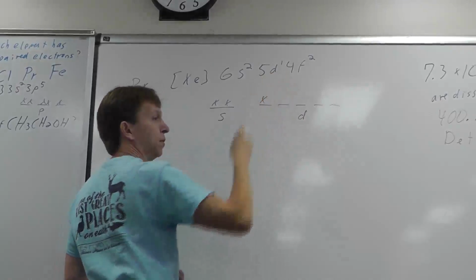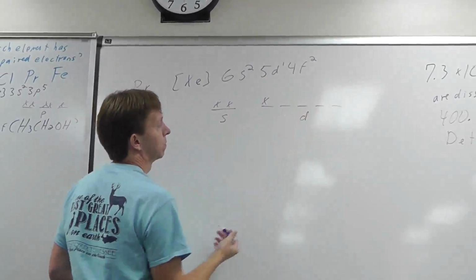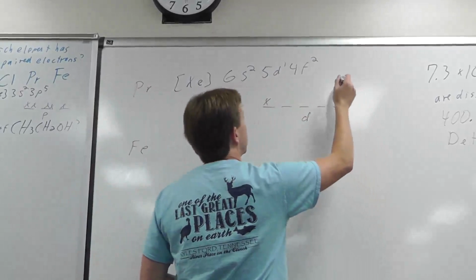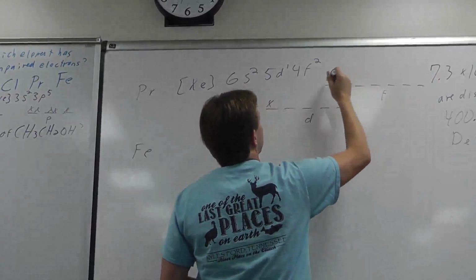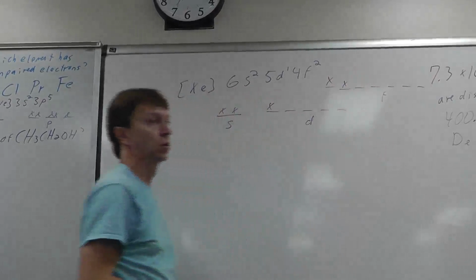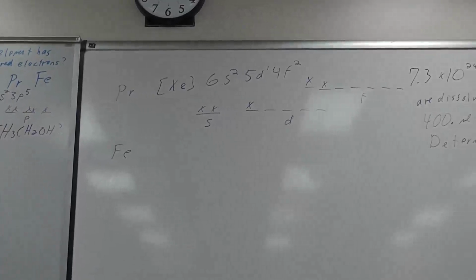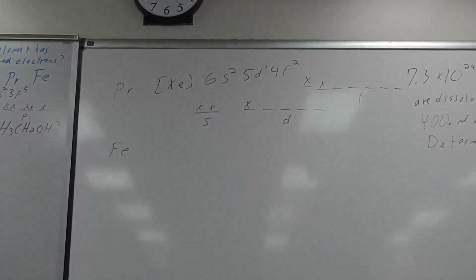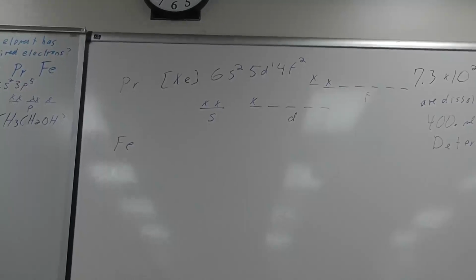And it's that quirky little thing where you don't even fill up the d before you go on and you start putting electrons into the f. So I didn't leave myself much room for this. There's 2 electrons out there in the f. So that's the one. It's got 1 unpaired electron in the d, 2 unpaired electrons in the f, but that's a total of 3 unpaired electrons.